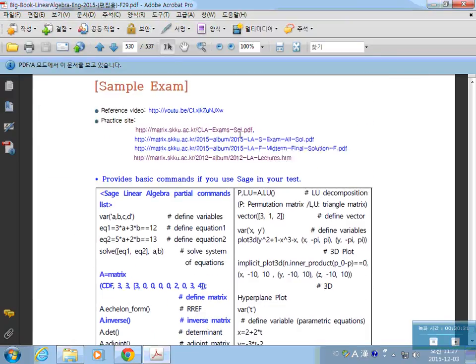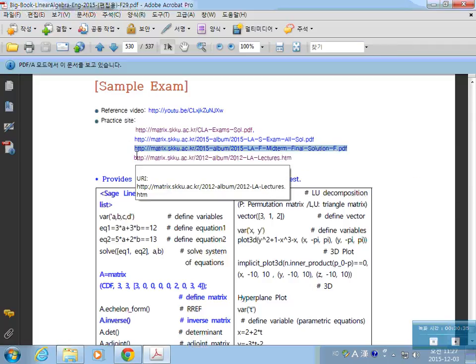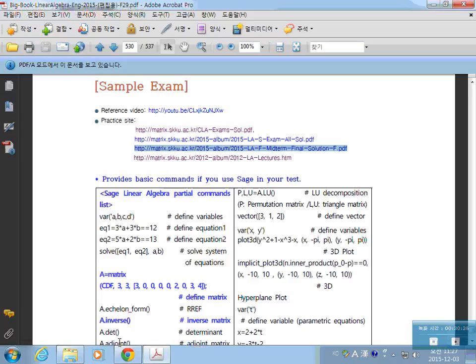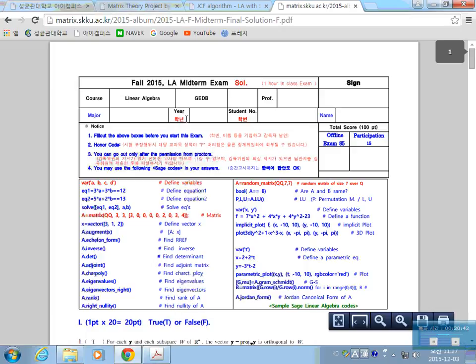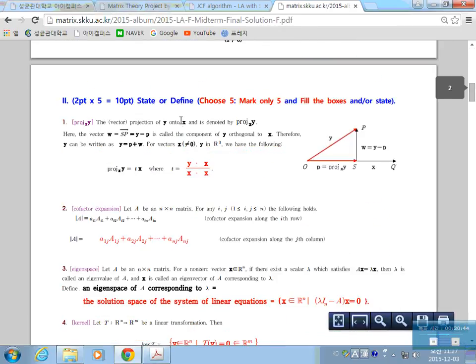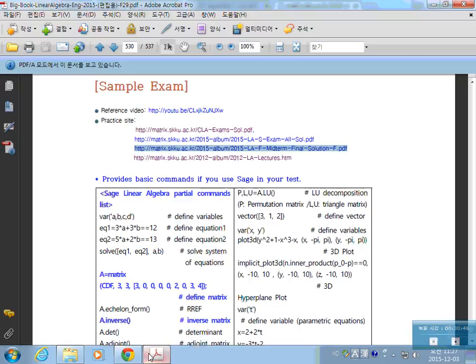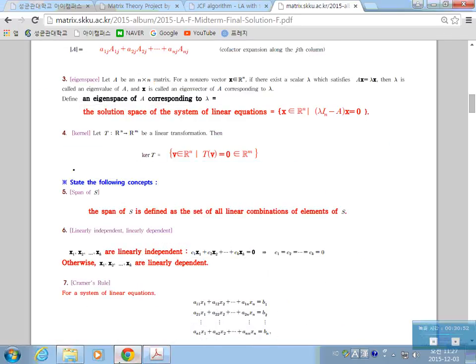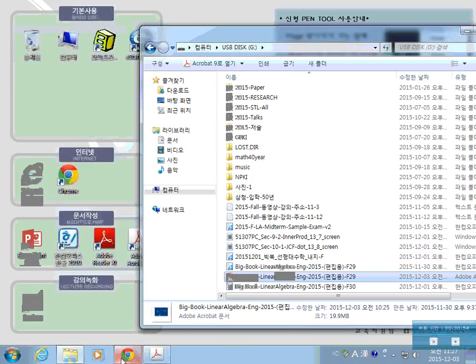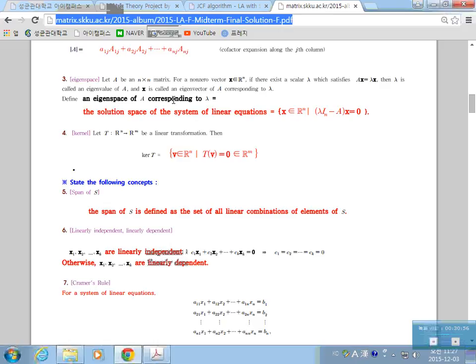There are sample exams that you can find. The solution for our midterm exams can be found in here. Okay, this was the midterm exam that we had, and the final exam that I gave in the spring semester can be found in here.